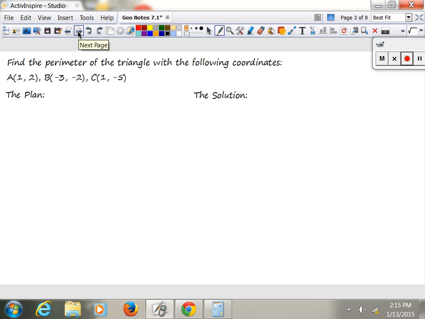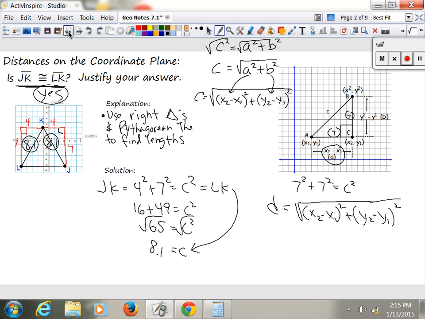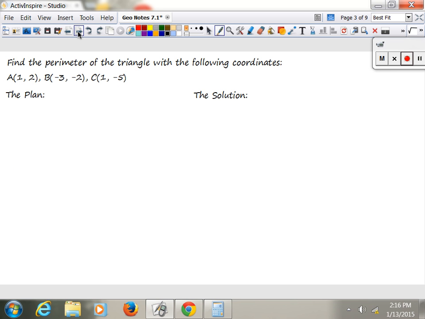You're going to turn it to the back side, and there's some room at the bottom that you're going to put in the next problem. It's just a short writing. So you're going to find the perimeter of the triangle with the following coordinates, and then write the 3 coordinates down. Real quick, I'll give you a second to write.